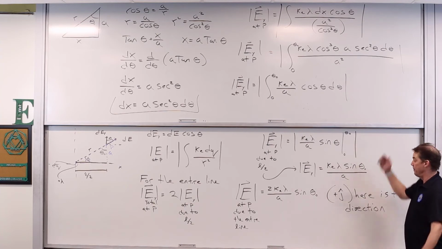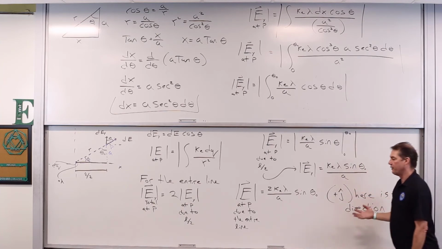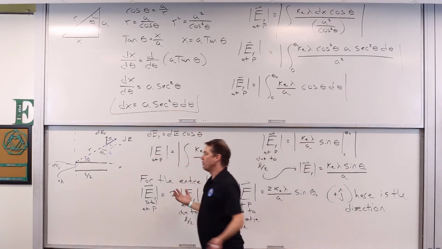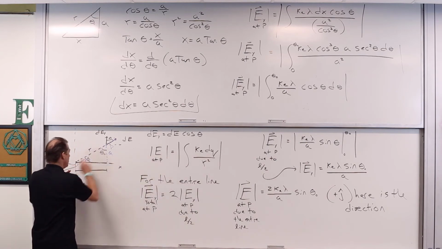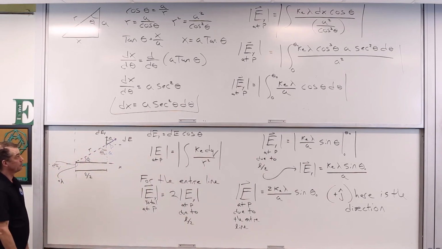Or is given to you for that matter. The direction, that depends again. Is it a positive or negative line charge distribution? What side of the distribution are you on? And that you just go back to thinking about, again, the individual components, and that's it. So that's a pretty good one right there.